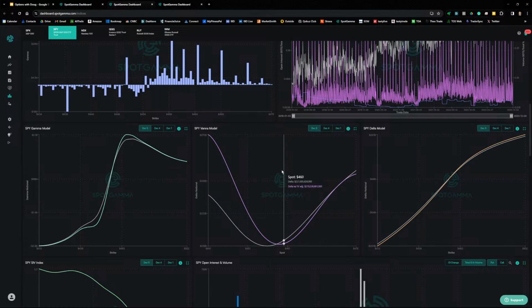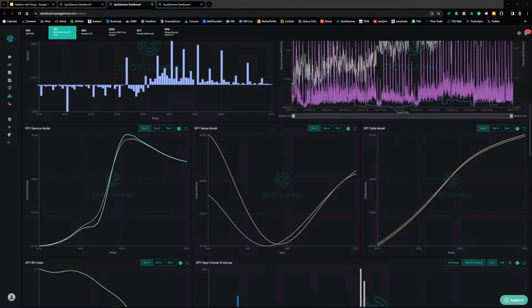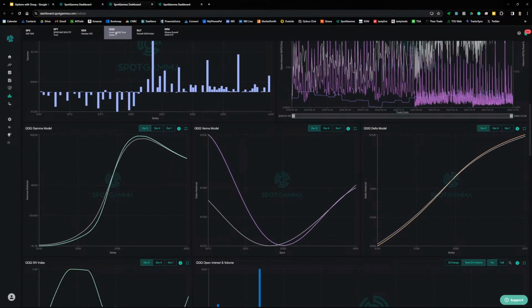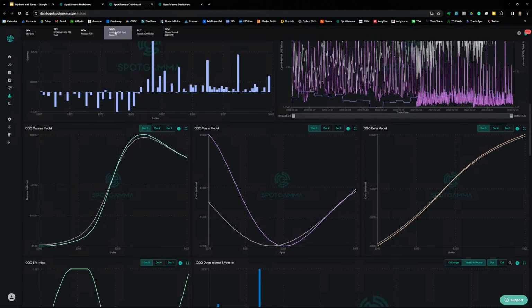And if price starts to move above around 460, market makers will need to sell futures. Remember, they always want to remain delta neutral. So when their delta exposure increases, they have to sell futures. And finally, let's check QQQ. Right around 386, also on the bottom of the curve.